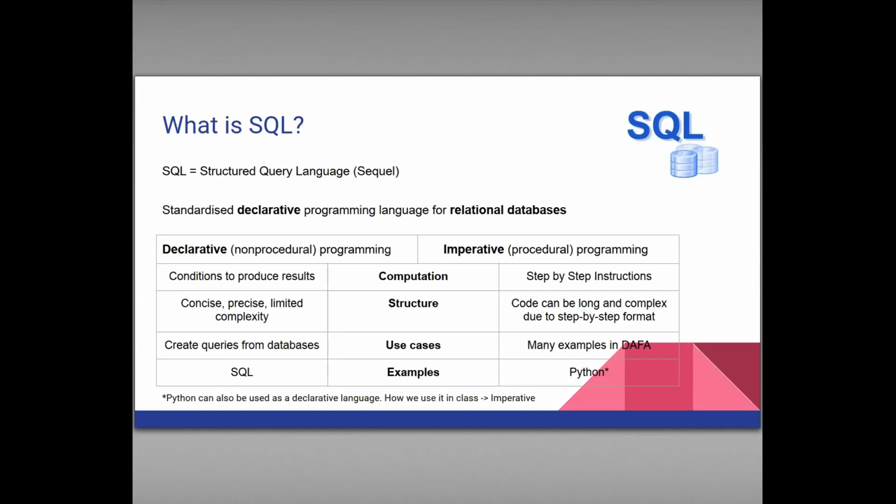To understand the difference between a declarative and an imperative language, I have given you a table that tells you the differences. SQL is a declarative programming language. The difference is that you just give the condition you're requesting, and then it gives you the result.